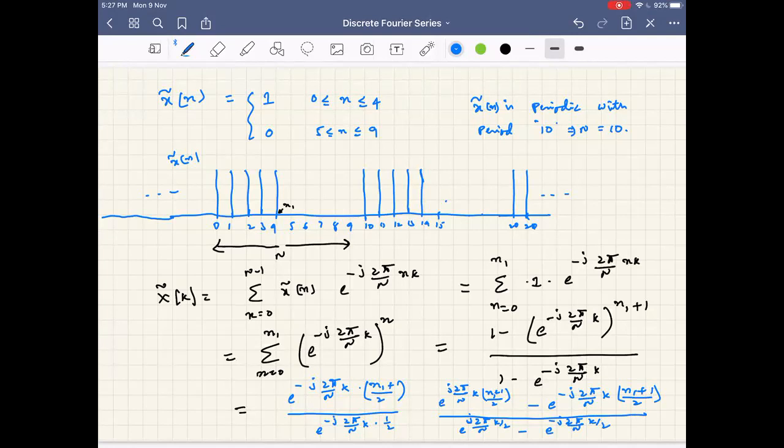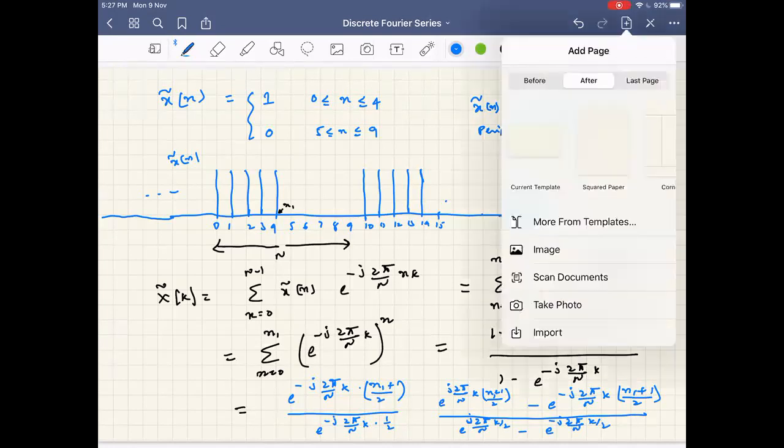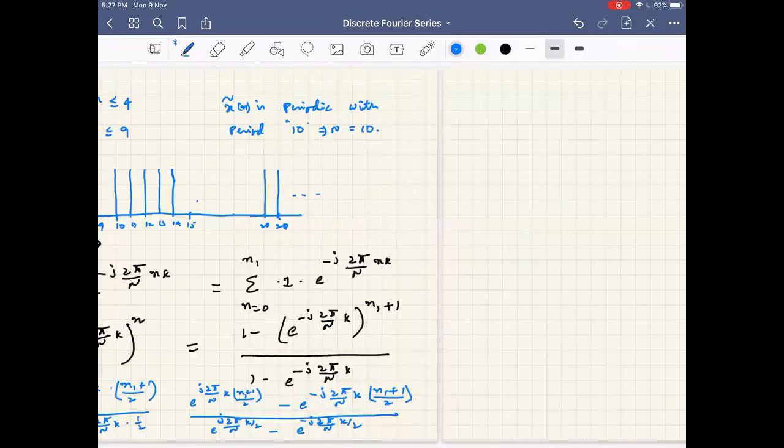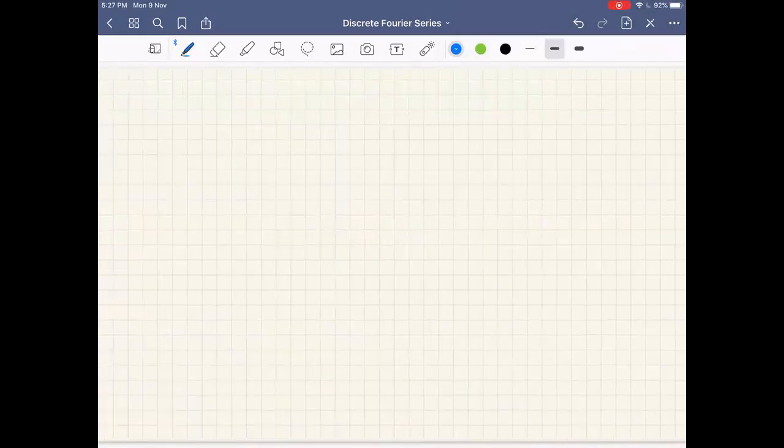So now what are the numerator and the denominator? We shall write explicitly in the next slide. So first, let us write the first part of the simplification.